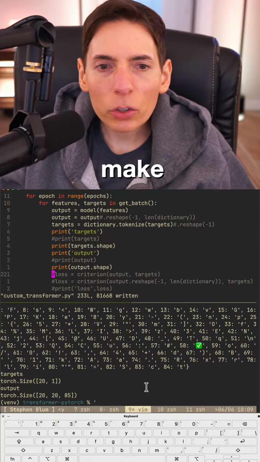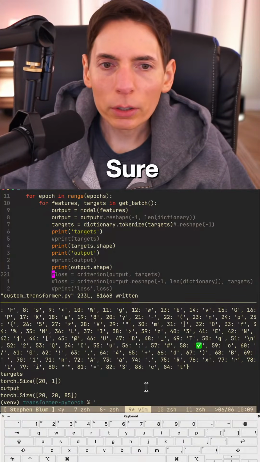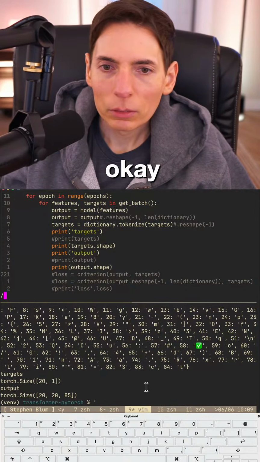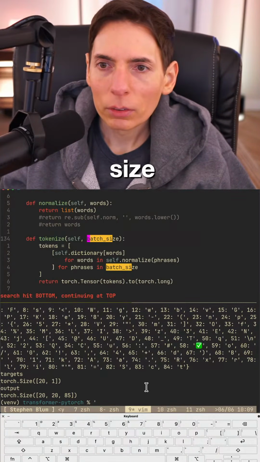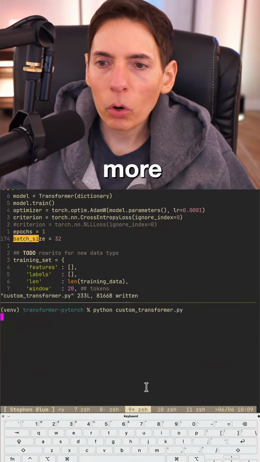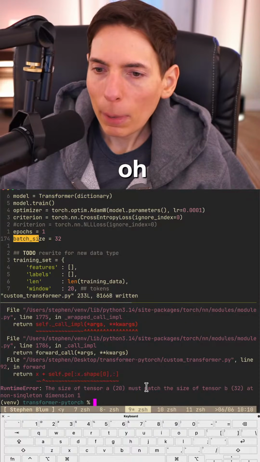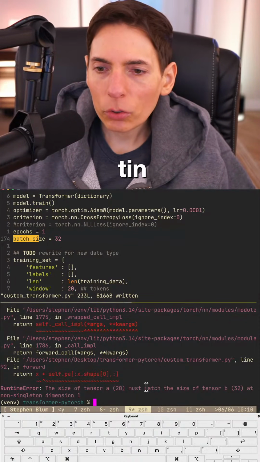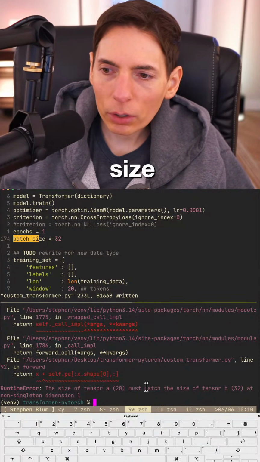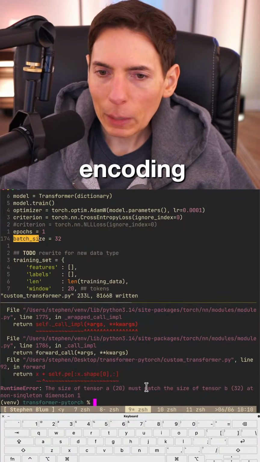Steven, can you try to make your batch size 32 so it's more obvious? Sure. Okay, batch size, we'll make it 32. There you go, more obvious now. Uh-oh. The size of tensor 20 must match the size of 32. This is my positional encoding.